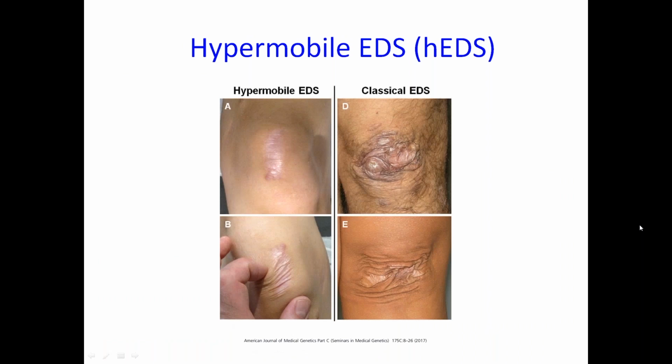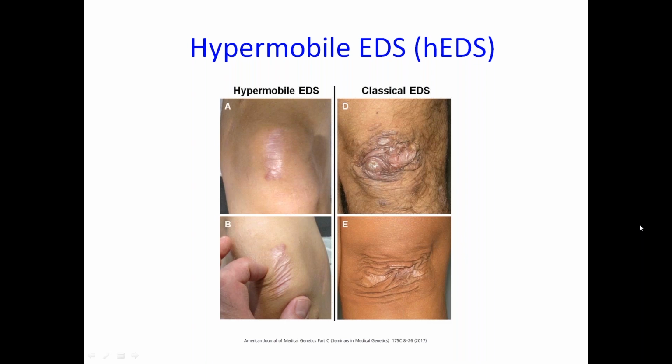Now, when we look at hypermobile EDS, we still have a degree of scarring, as you can see in the left-hand panel compared to the right, but it's less. So there still appears to be something going wrong affecting collagen somehow in hypermobile EDS. But when we do those high-powered views of the skin in hypermobile EDS using electron microscopy, by and large, the collagen fibers look normal.